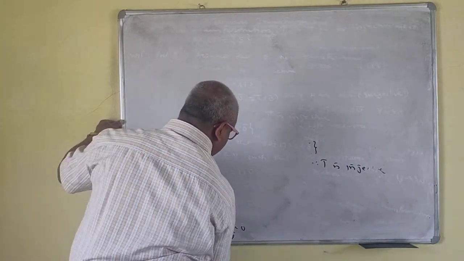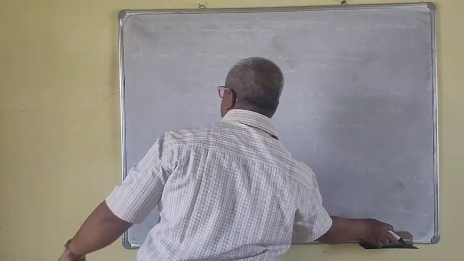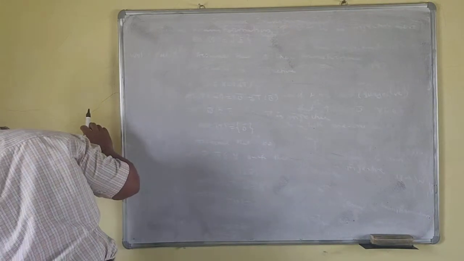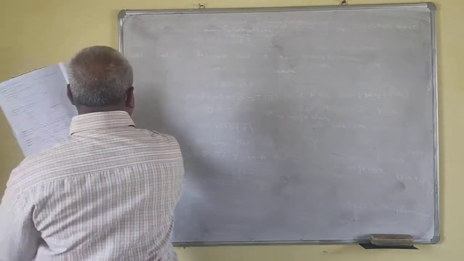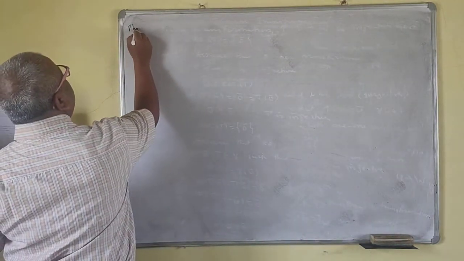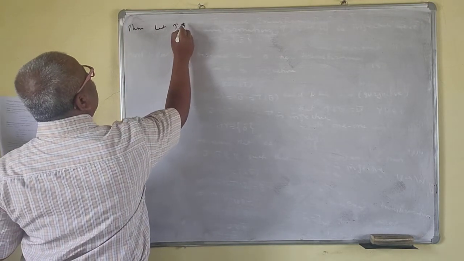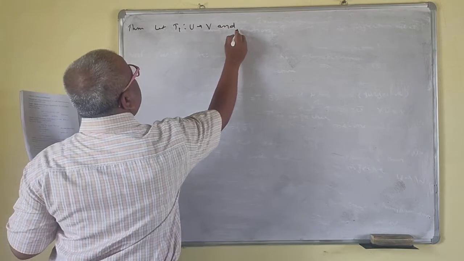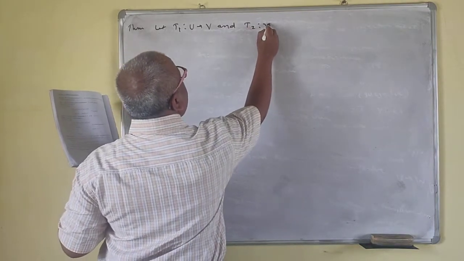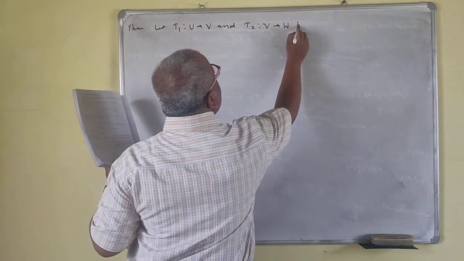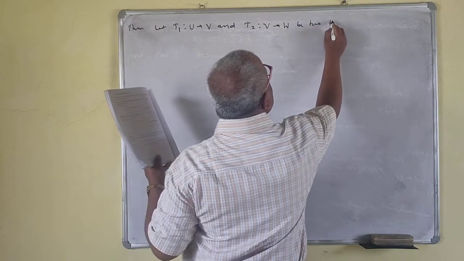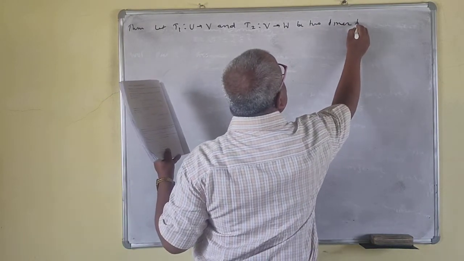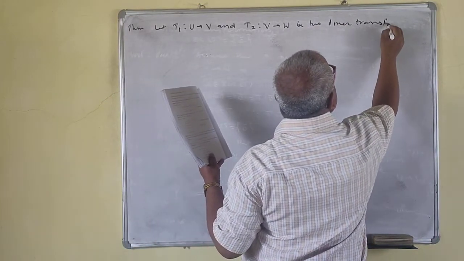Now, next theorem. Let T1 from U to V and T2 from V to W be two linear transformations.